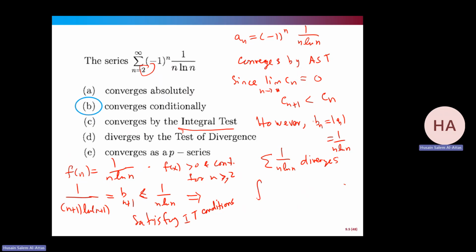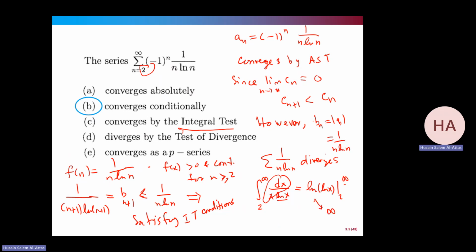Now, if we take the integral from 2 to infinity of 1 over x ln x dx, and take u as ln x, then we have du over u, so it will be ln of ln x from 2 to infinity, which goes to infinity.